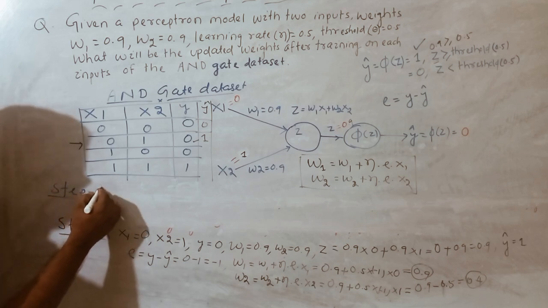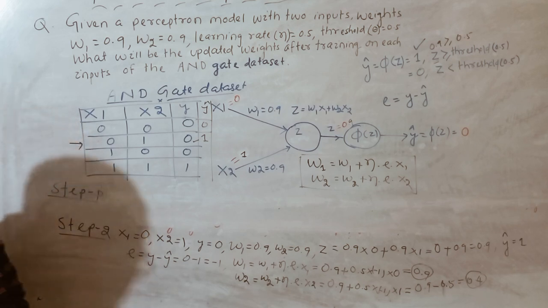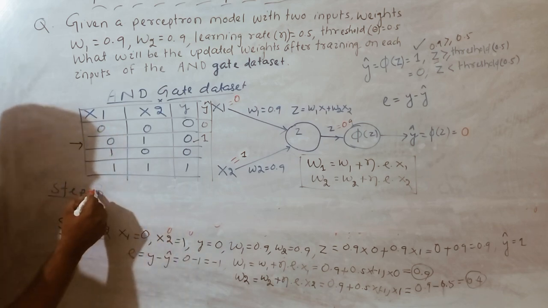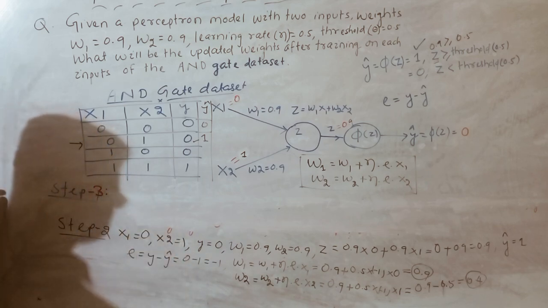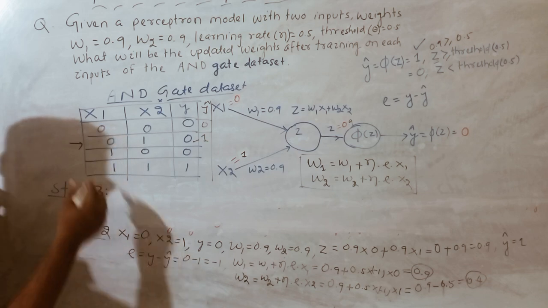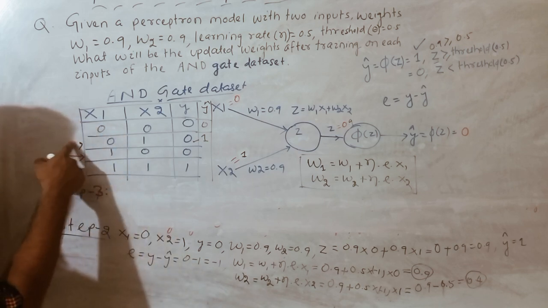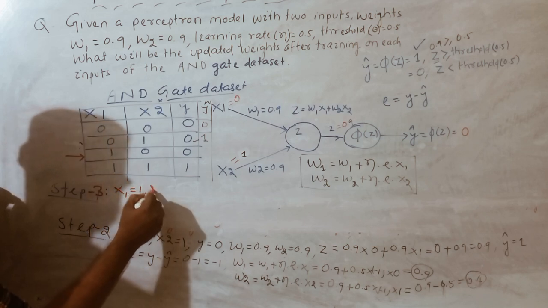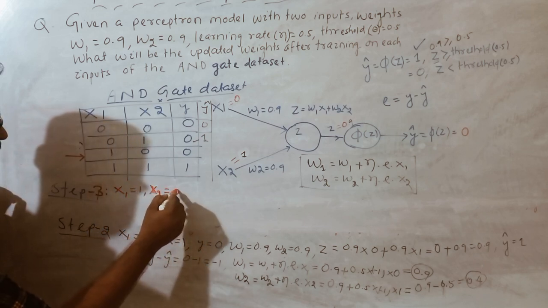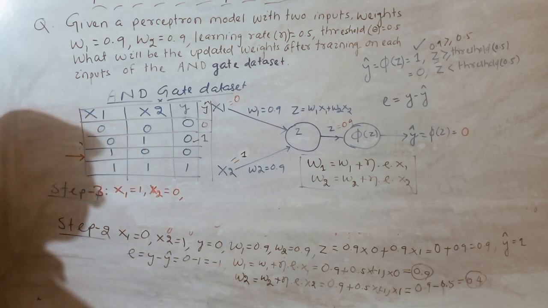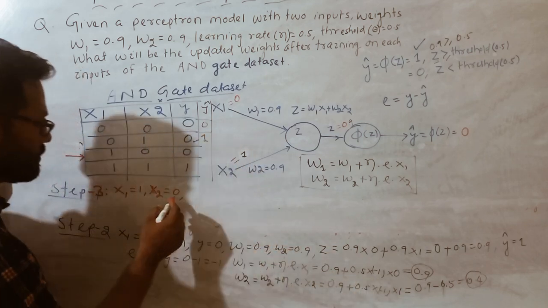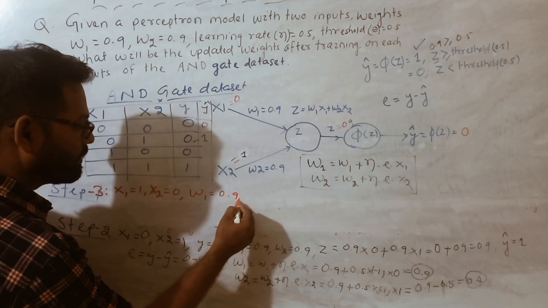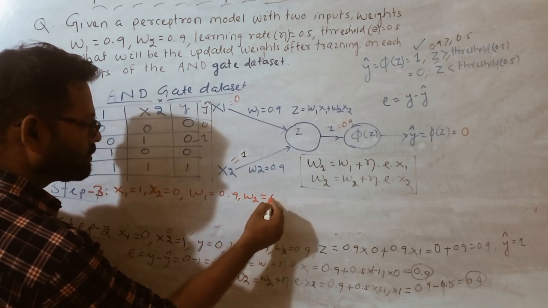Now in step number 3, we have to apply it in this example. Here x1 is equal to 0 and x2 is equal to 1. And what are the weights? We have to take the weights from the previous step, so W1 is equal to 0.9 and my W2 is equal to 0.4.